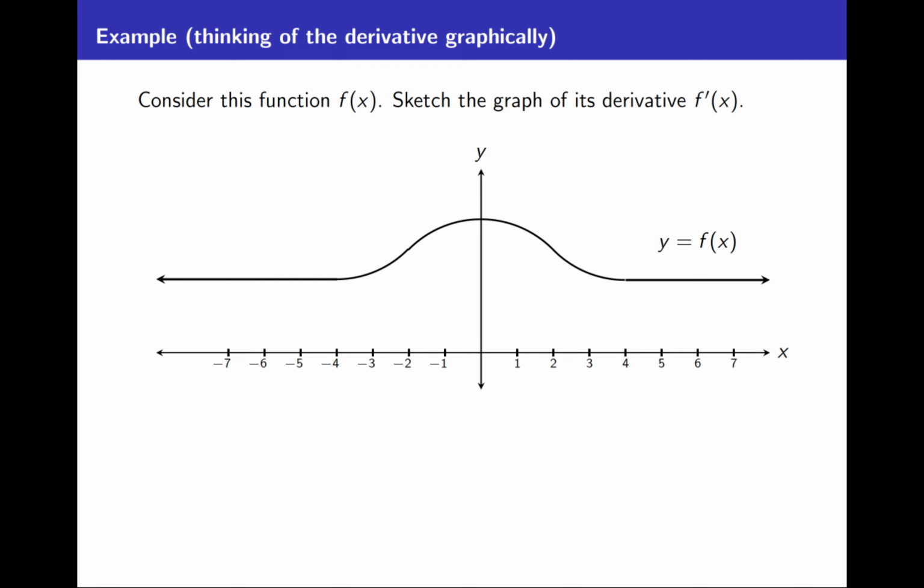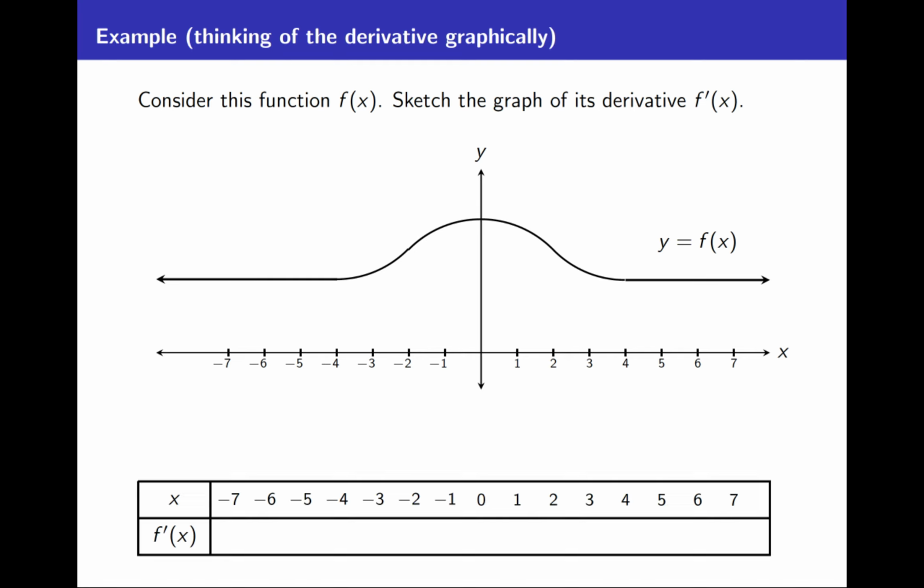You might think about solving this by making a table where you pick a sequence of x values, say -7 up to +7, for this x value up to this one. And for each of those, we'll think about the corresponding f prime of x value and see if we can figure it out. And that'll give a bunch of points on the graph of f prime of x, and we can plot them and see what the graph looks like.